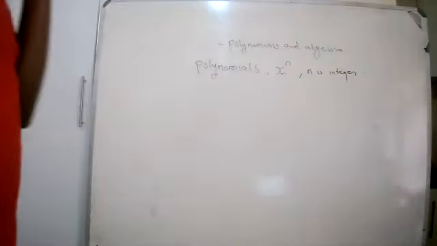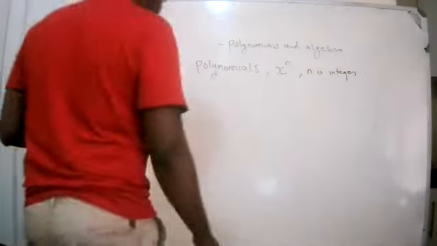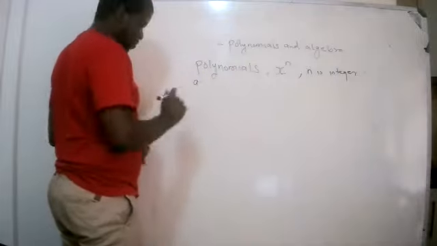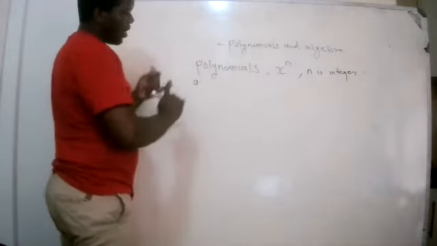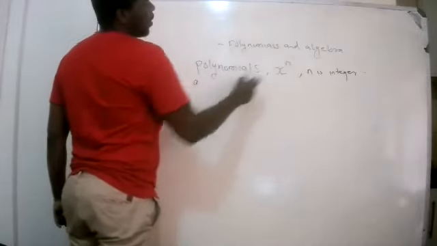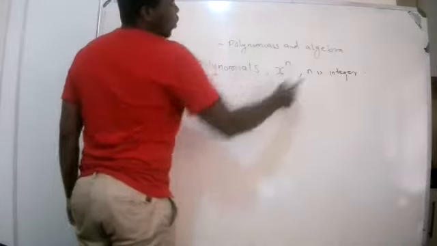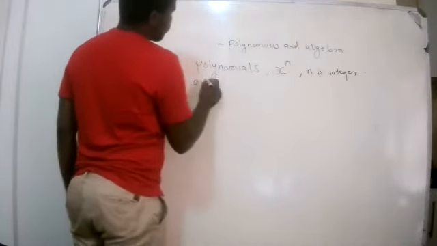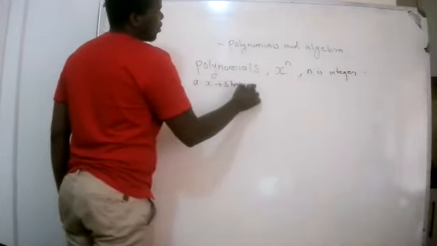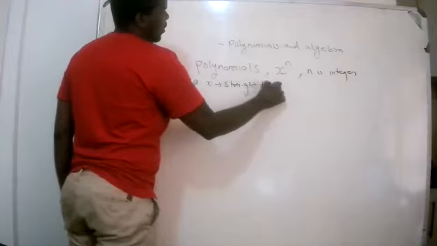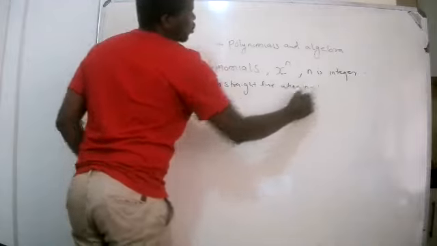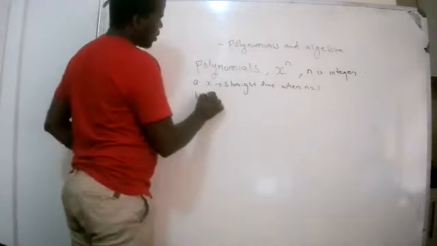So let me take you through what a polynomial function does. A polynomial function can give you different kinds of functions. It can give you a straight line function when n is equal to 1. So when n is equal to 1, we're going to have x, which is a straight line function. And we can also have what is called a parabola.